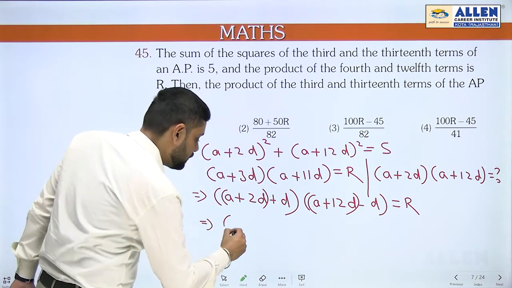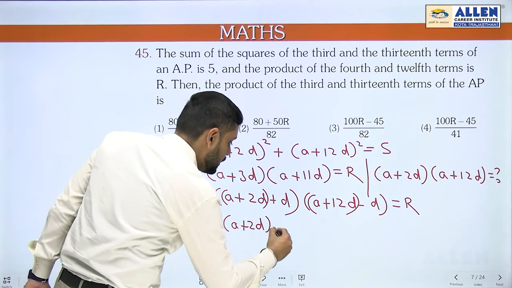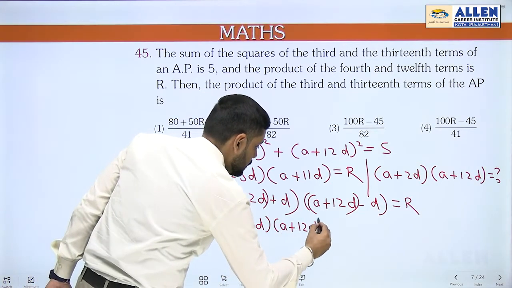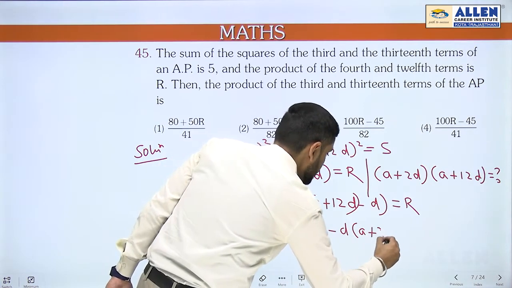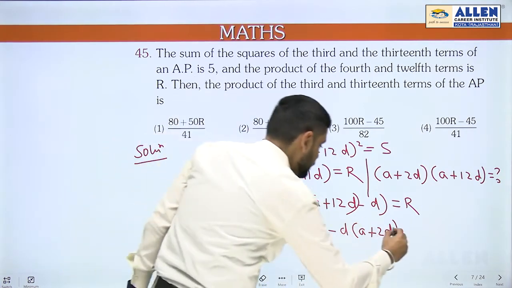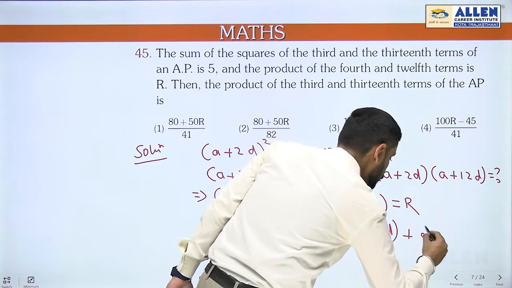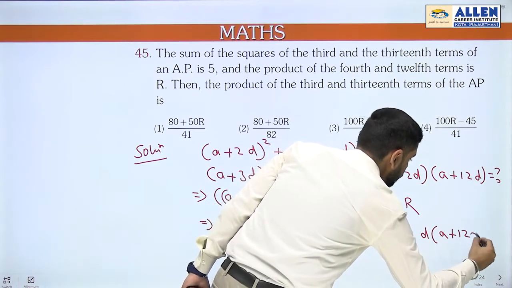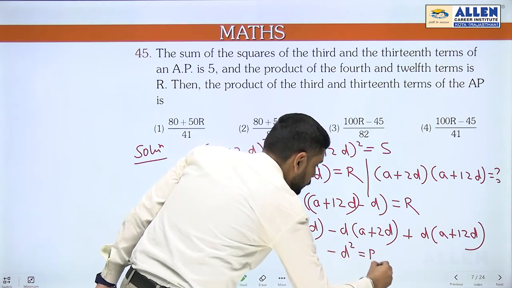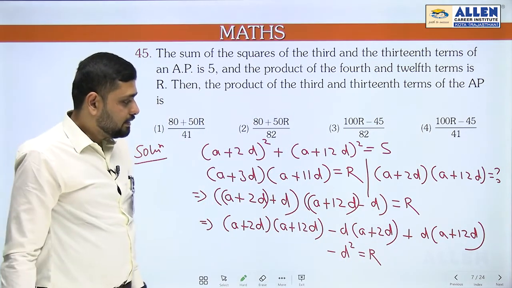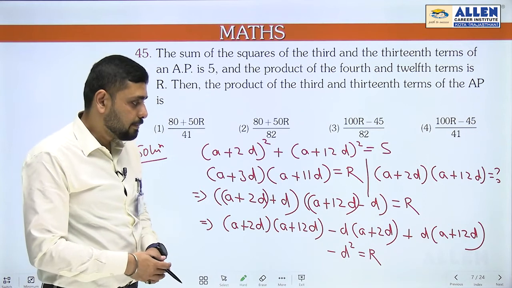So we'll multiply, we'll get a plus 2d into a plus 12d. Here we'll get minus d into a plus 2d, then d into a plus 12d, and minus d square equal to r, right? This we will get after simplification.